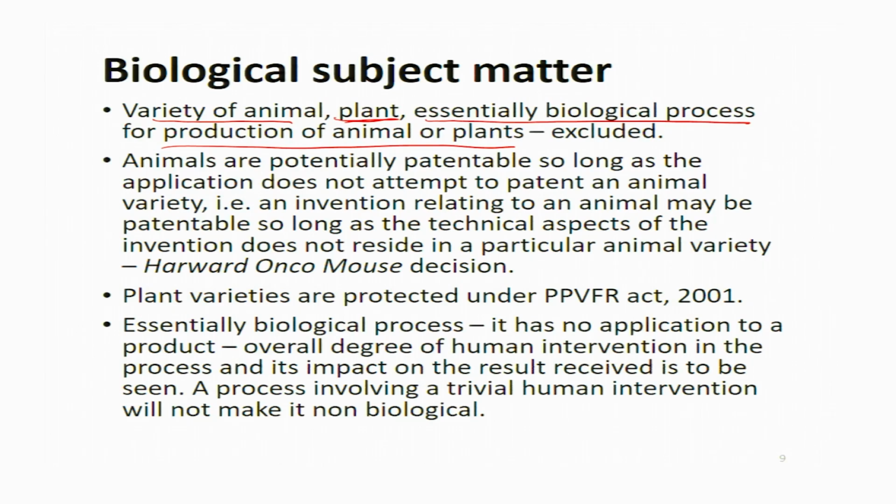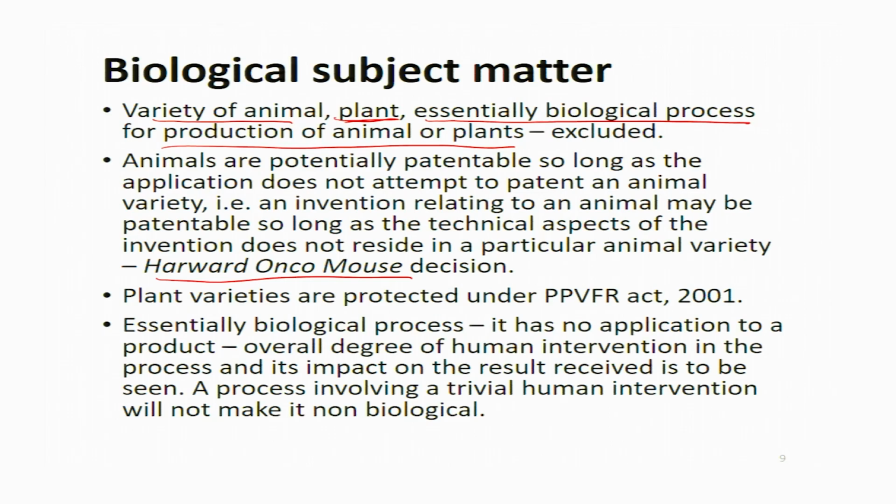There is a case popularly known as the Harvard Onco mouse case, in which scientists of Harvard University came out with a genetically modified mouse which had the disease of cancer. This disease was caused by genetic modification.